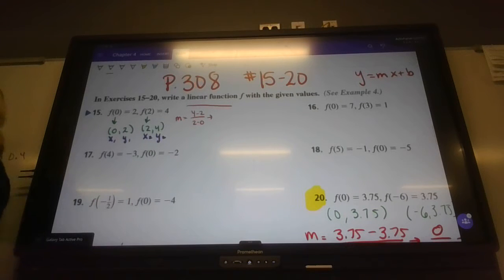So even if this one came out wrong for you, don't give up. Some of them are going to look a little easier. So 4 minus 2 is 2. 2 divided by 2 is 1. M equals 1. This is y equals 1x plus b.